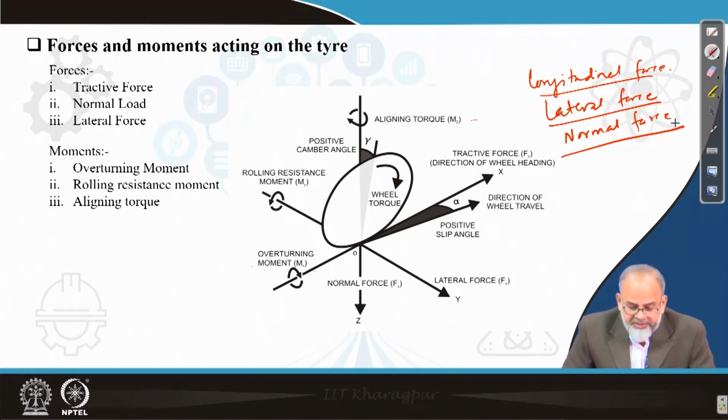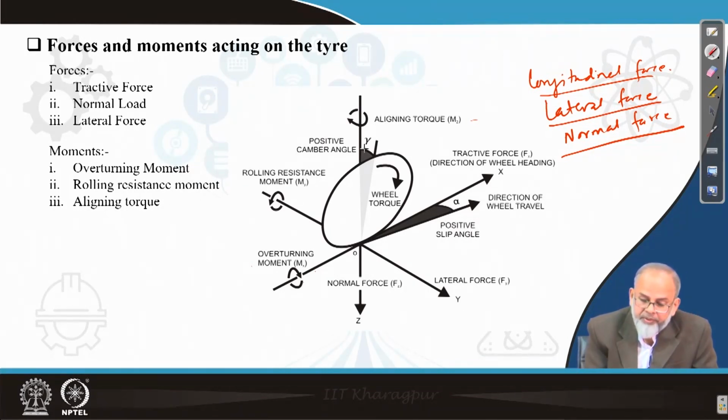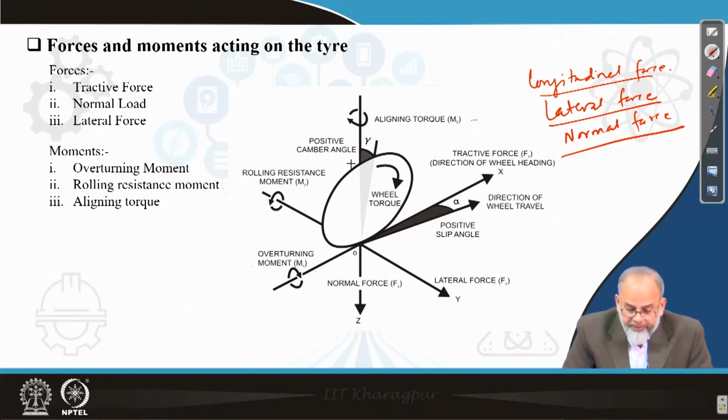Now, in addition to these three forces and three moments, there are two angles indicated here. One is the slip angle alpha, the other is the camber angle, positive camber angle gamma. The slip angle is the angle between the direction of travel of the wheel and the intersection of the wheel plane with the ground plane. The camber angle is the angle which the wheel plane makes with the xz plane.